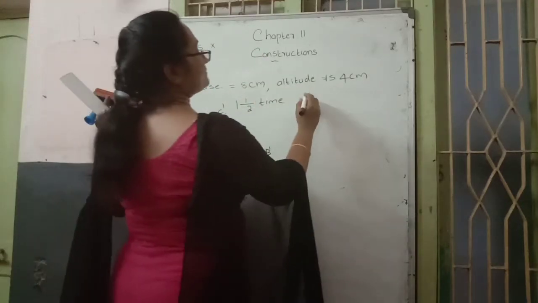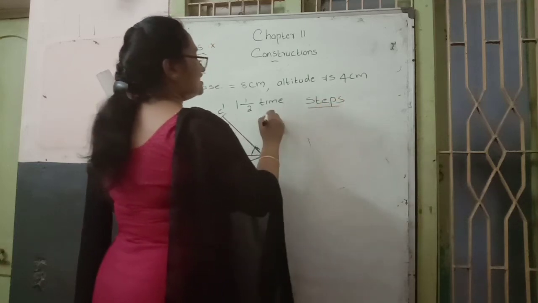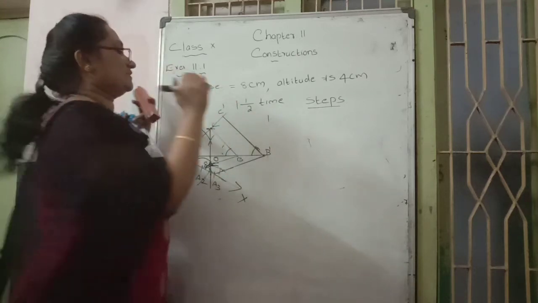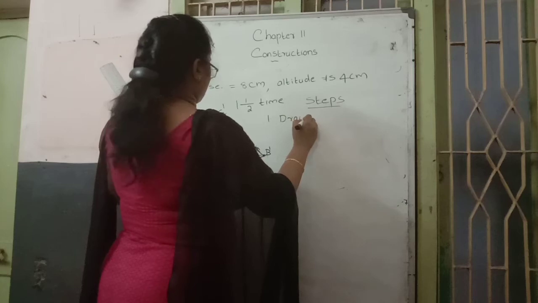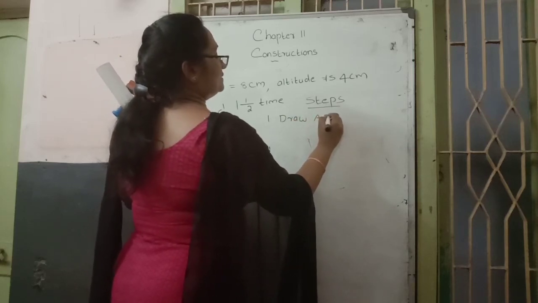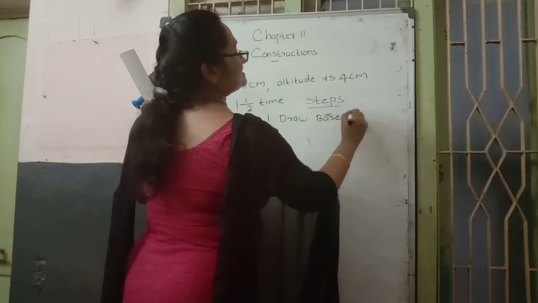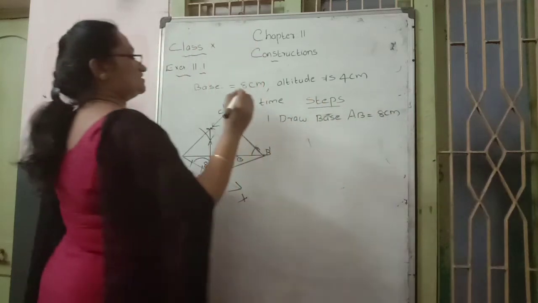First, what are the steps required to construct an isosceles triangle? First step, the construction work, writing the first step. First, what did we do? Draw base AB. Draw base AB equal to how many centimeters? 8 centimeters.